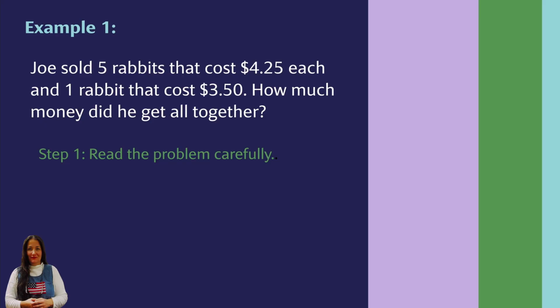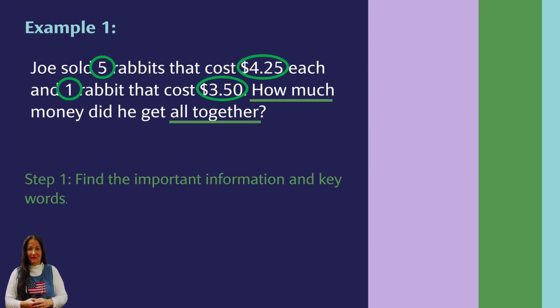Two-step problem. Read the problem carefully. Joe sold 5 rabbits that cost $4.25 each, and 1 rabbit that cost $3.50. How much money did he get altogether? Step 1. Find the important information and keywords.